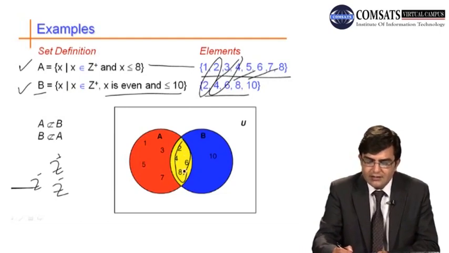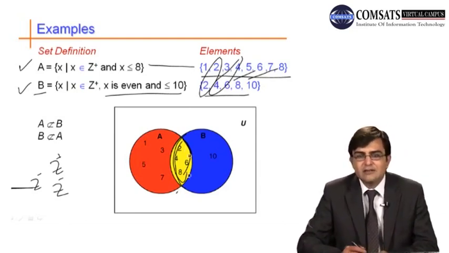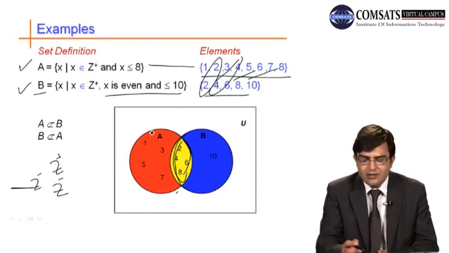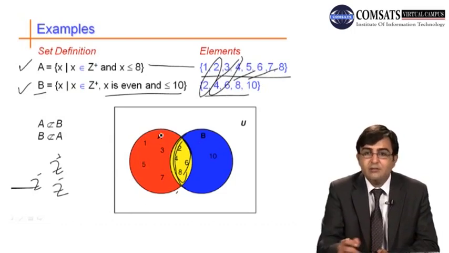This region is common to both sides, because this is in B and this is in A also. So the common elements come in the common region, and the elements which are not common come in the region which is not common to both sides.